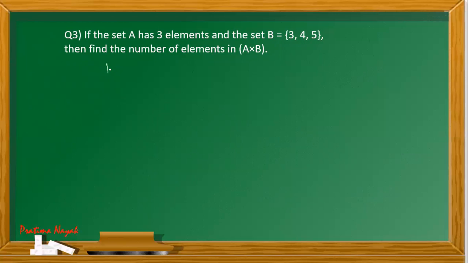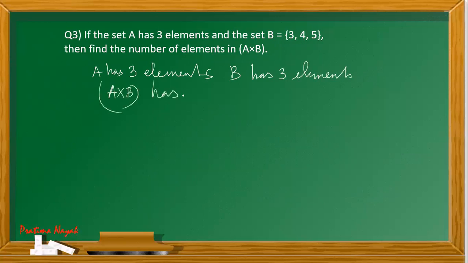A has 3 elements and B also has 3 elements. So A product B has 9 elements. 3 into 3, that will be 9 elements.